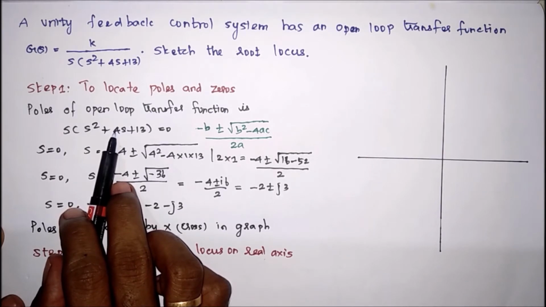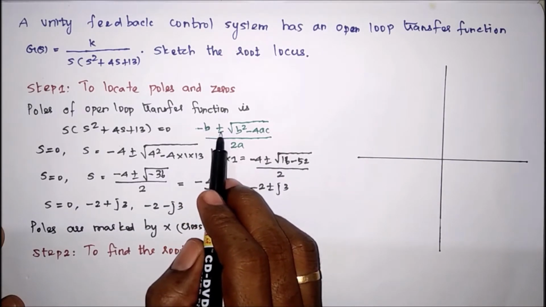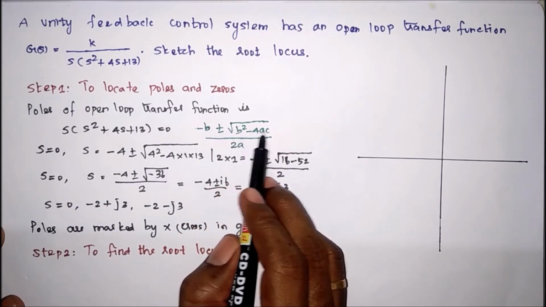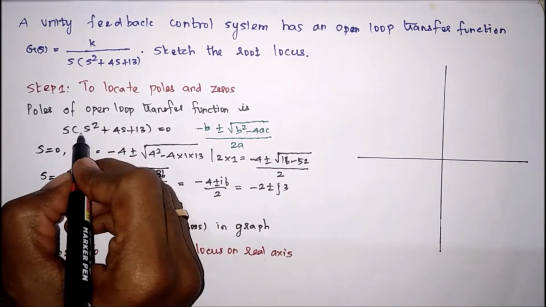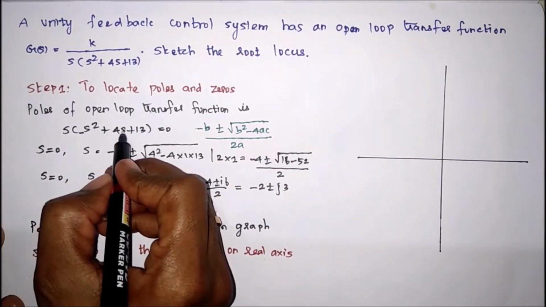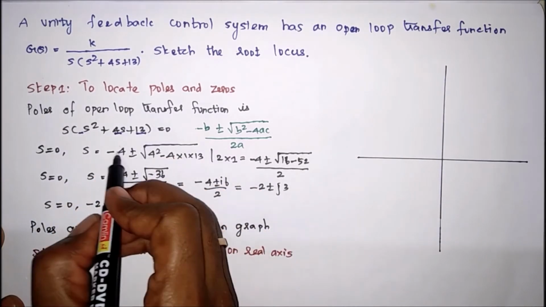To find the roots of a quadratic equation, we use this formula: minus b plus or minus square root of b square minus 4ac, divided by 2a. Here the s square coefficient is a, the s coefficient is b, and the constant term is c. We have to apply it.